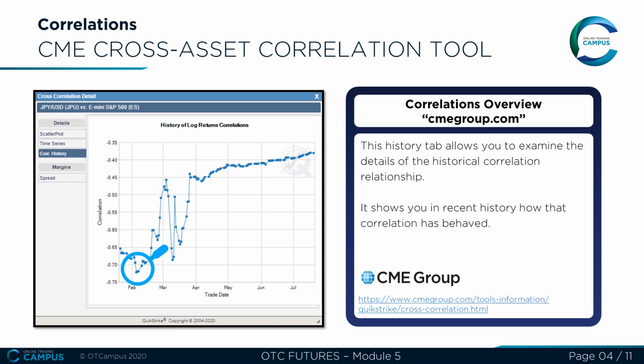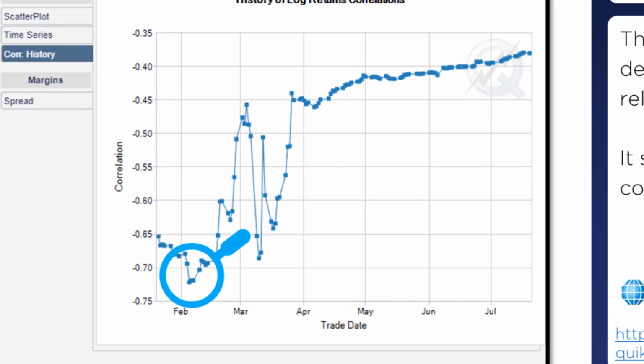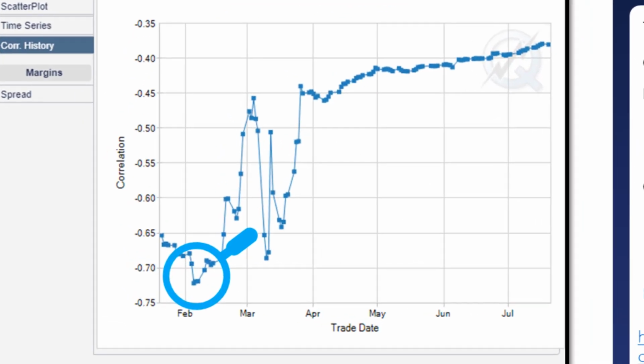And you can see it's gone from a negative correlation of 72 in February 2020 all the way up to its current location, which is negative 38. So you are looking from a historical standpoint as well as a current market condition standpoint at a relationship that changed from a rather strong inverse correlation to a more independent behavior.